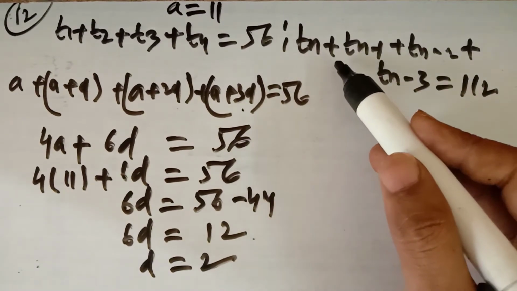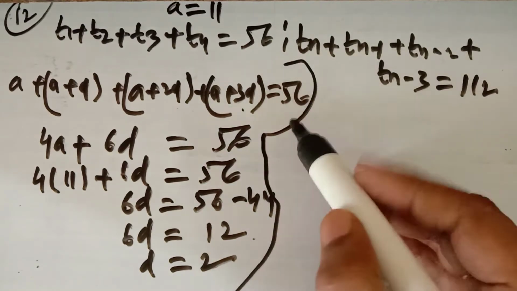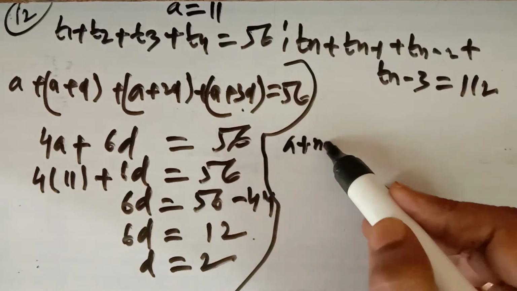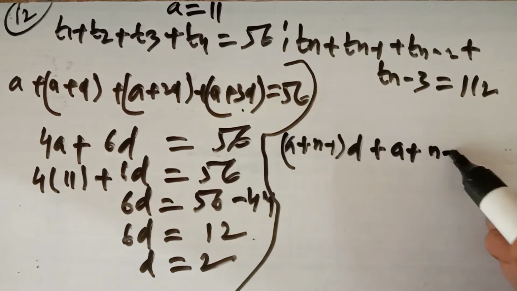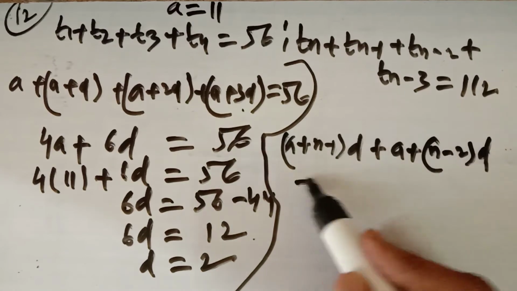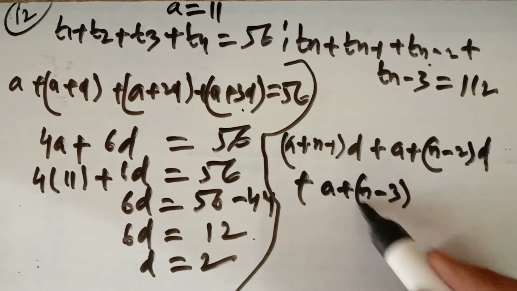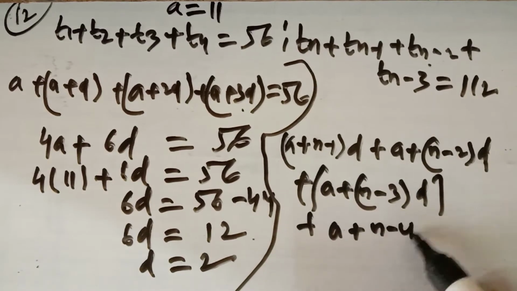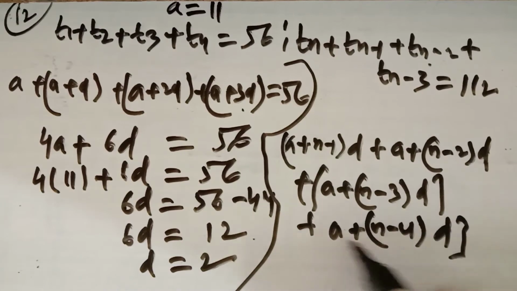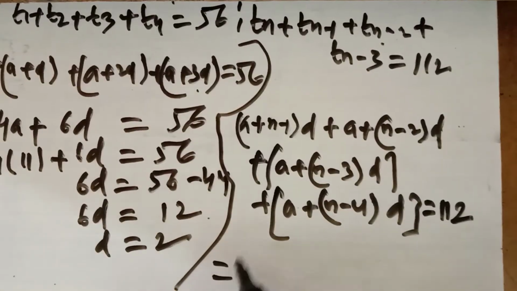Now similarly you replace these values in the nth term, that is a plus (n minus 1) into d, plus a plus (n minus 2) into d, and Tn minus 2 will be a plus (n minus 3) into d, plus a plus (n minus 4) into d. The sum of all these is 112. Here you replace the value of a and the value of d.